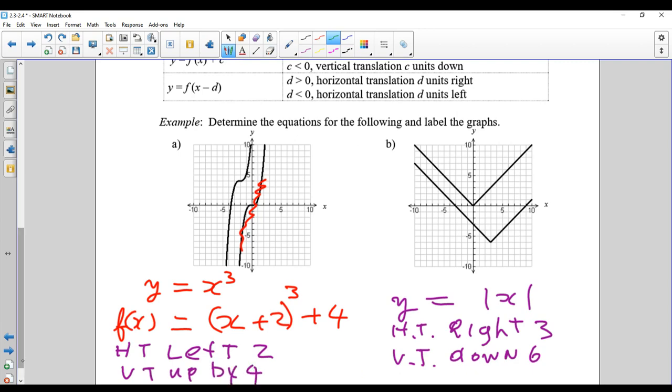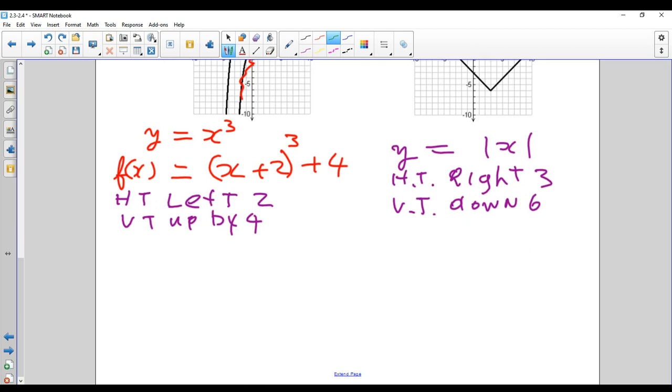So try to get used to the language that we use when we describe these transformations. Okay, let's get to the actual equation now. All right, I want to go right 3 and I want to go down 6. How can I rewrite the equation? I think you know. Something tells me you know. What do you think?